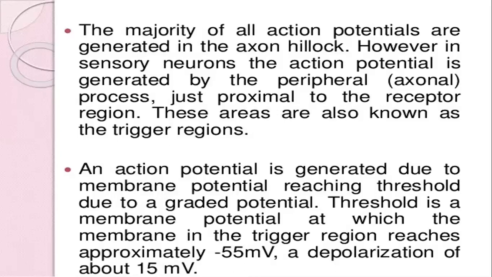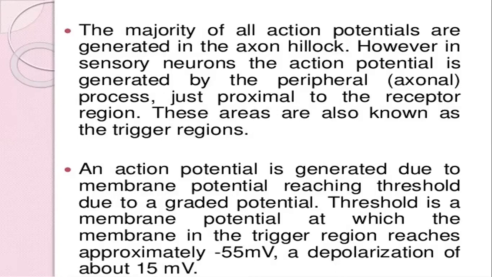The majority of action potentials are generated in the axon hillock, or the initial segment of the axon, because the number of channels is more, 350 to 500, in the initial segment. So voltage gated sodium channels are highly concentrated there. This triggers the action potential.